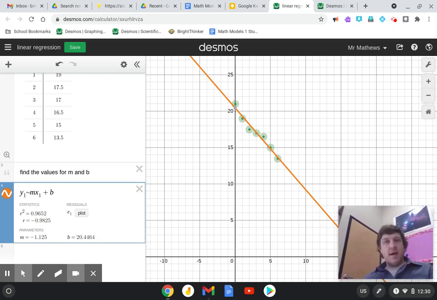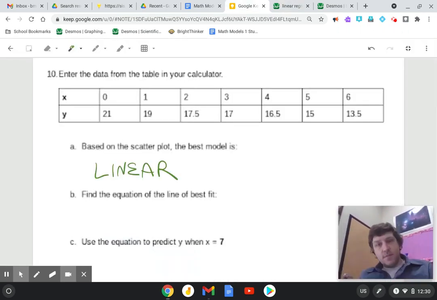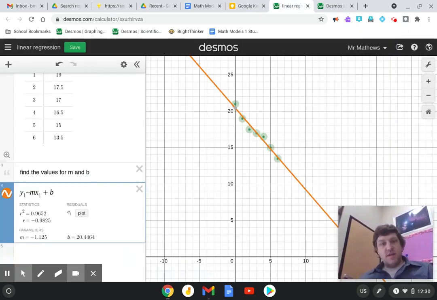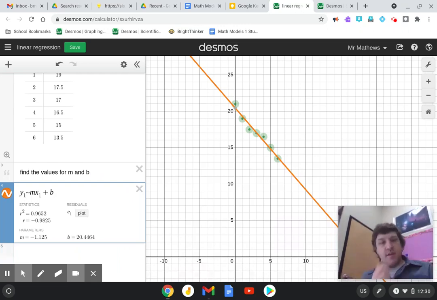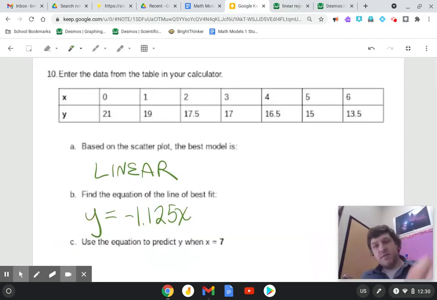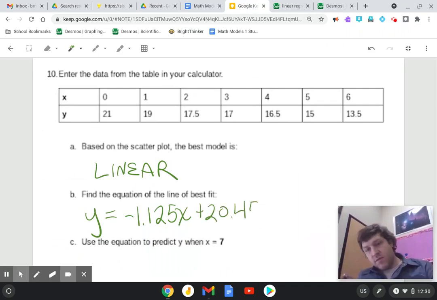So the line of best fit is going to be y equals m, which is negative 1.125, times x, plus 20.45. So all I'm doing is copying those down.